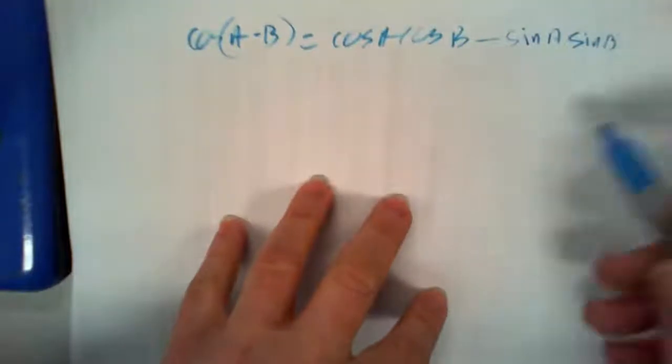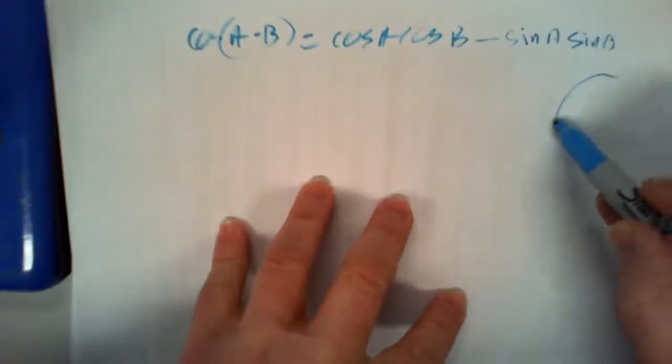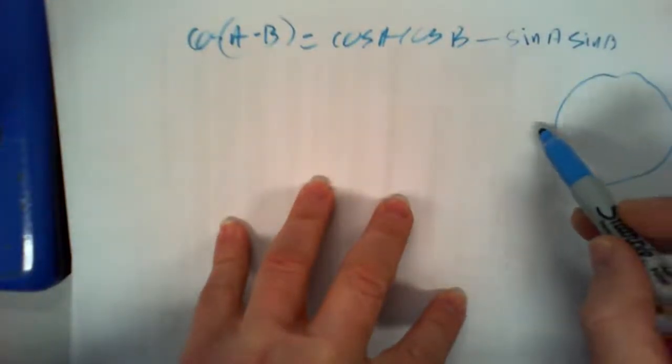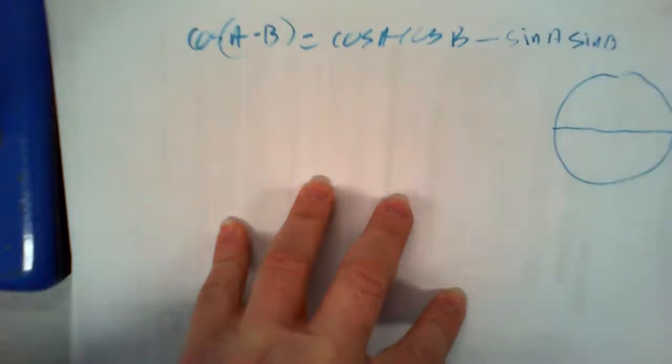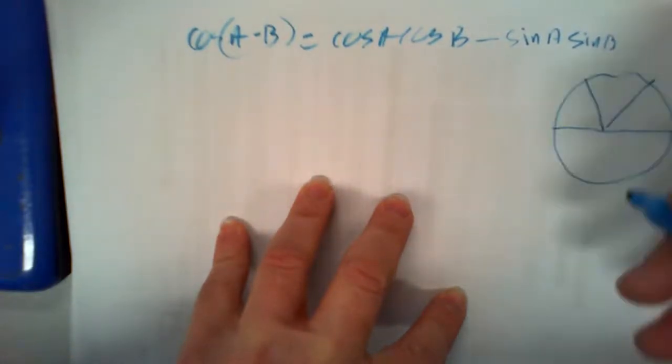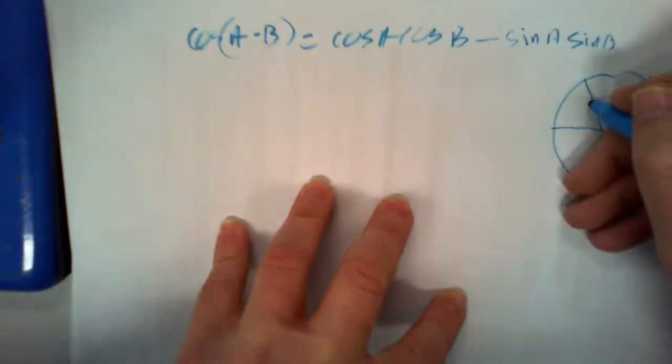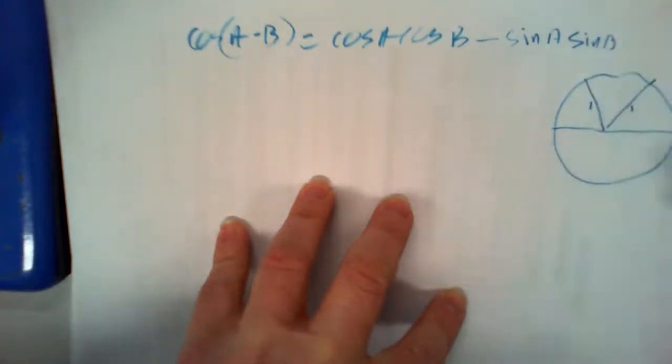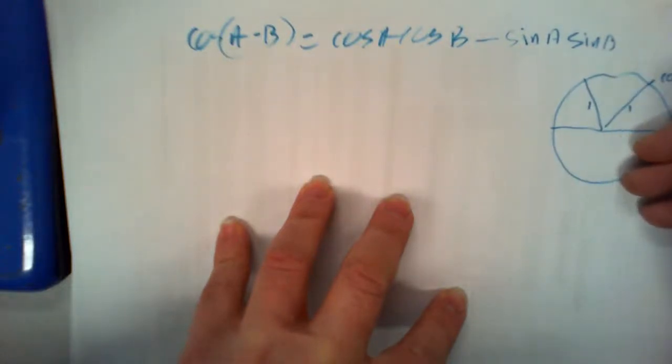In order to do this, we need to visualize something. Imagine a unit circle, and then imagine two radii from the center. These radii are of length 1, and the points at their ends will be given by the cos of an angle and the sine of an angle.